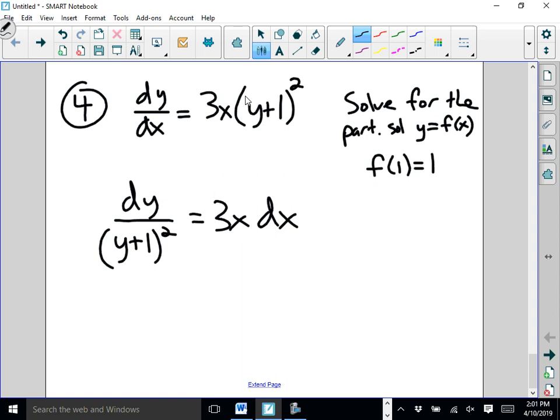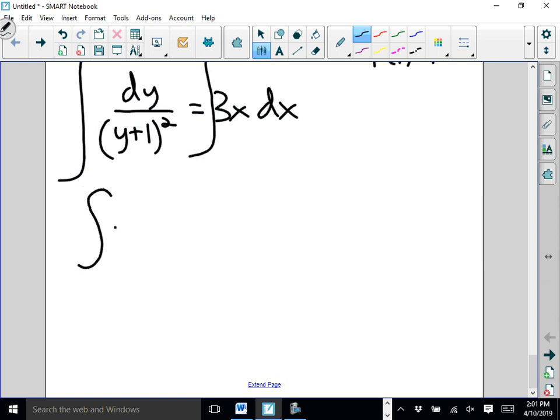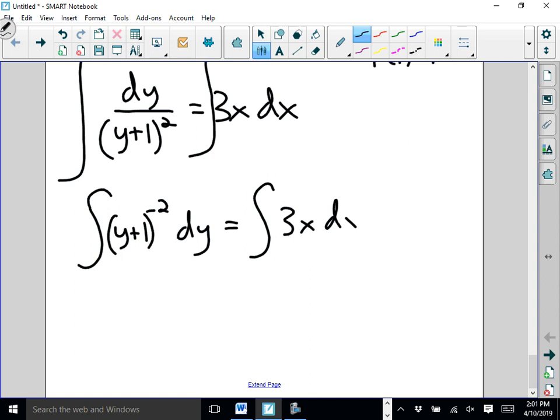So when I integrate this thing, I'm going to think of this as y plus 1 to the negative 2. Notice all I did was rewrite it. So I kept the big S. Once I actually perform the antiderivative, I drop the S and add the plus C.